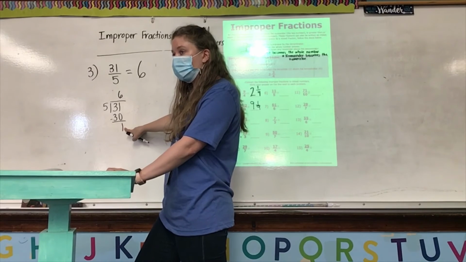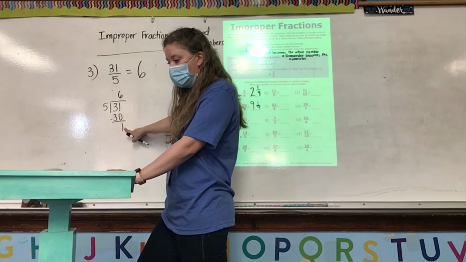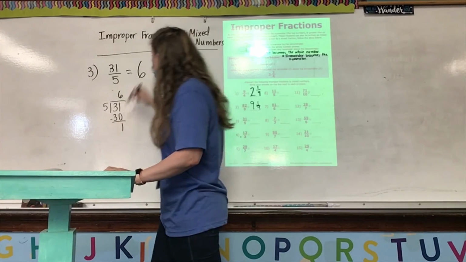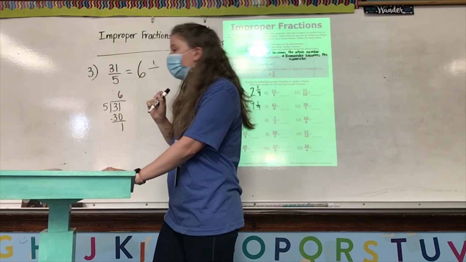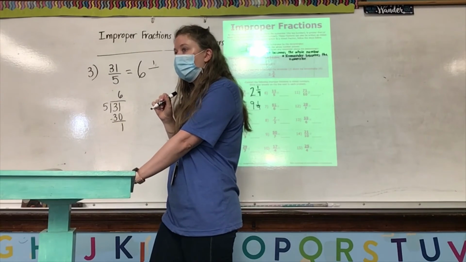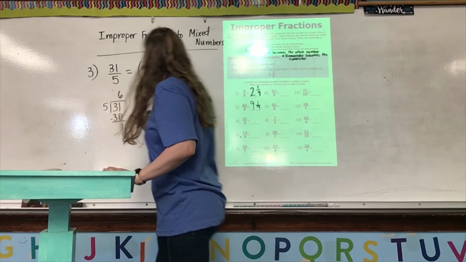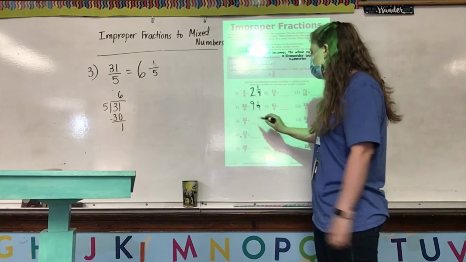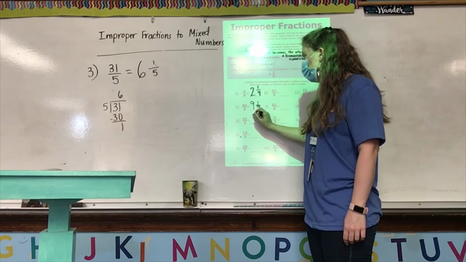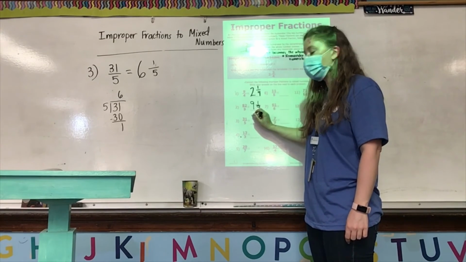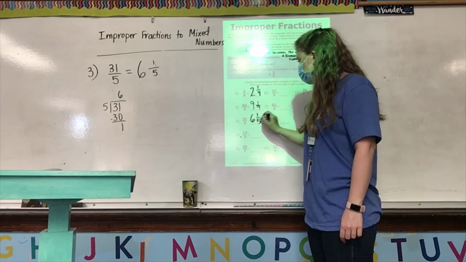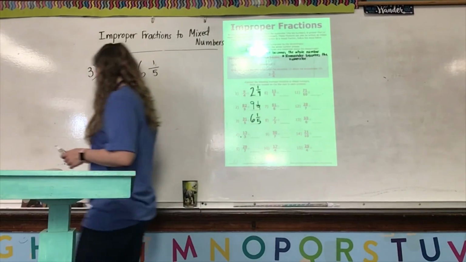The remainder becomes the numerator. The denominator stays the same. So 31 fifths is equivalent to 6 and 1/5.